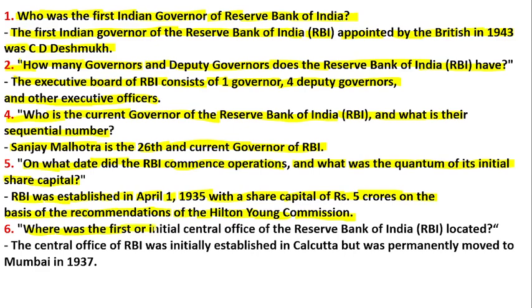Where was the first central office of the Reserve Bank of India located? The central office of RBI was initially established in Kolkata but was permanently moved to Mumbai in 1937.